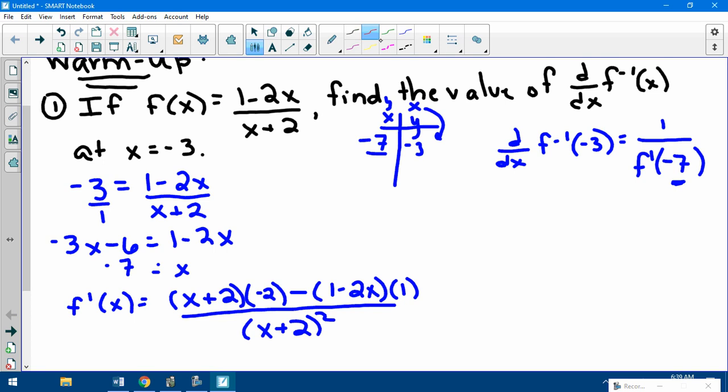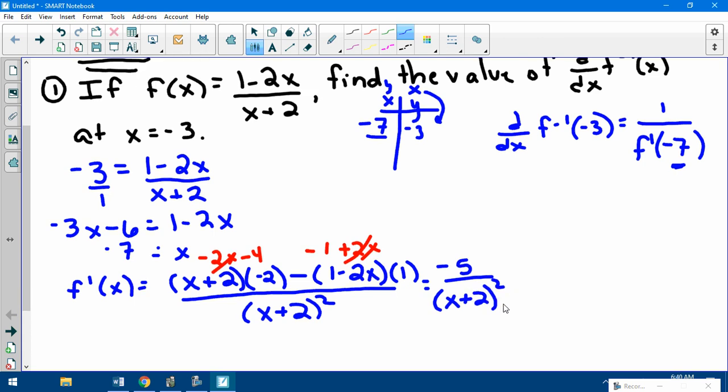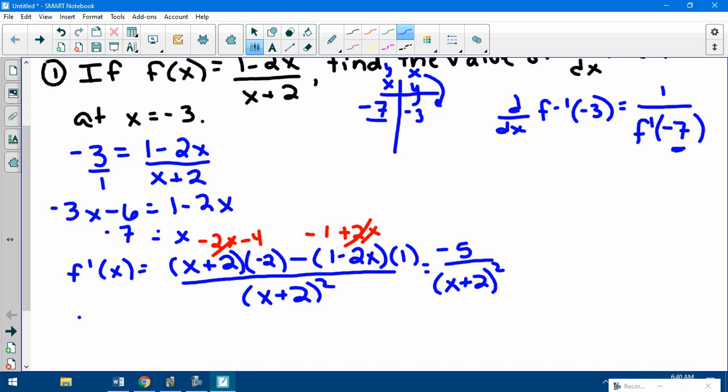Okay, and let's cheat a little bit, not show all the work. This is going to be -2x minus 4. Distribute the negative, you're going to have a -1 plus 2x. So those will cancel. This is going to end up being -5 over (x plus 2) squared. Remember, we need to find f prime of negative 7.